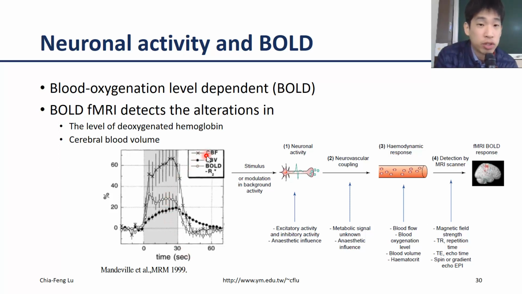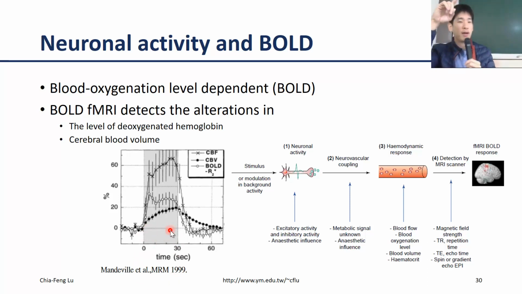Actually, you can measure the CBF, blood flow, CBV, blood volume, and also the BOLD signal in your brain. In this gray period, this is a task period. You may ask a subject to do something. In this study, I think they asked the subject to do some finger tapping, one of the motor tasks. During this period, we can take the BOLD signal as an example.